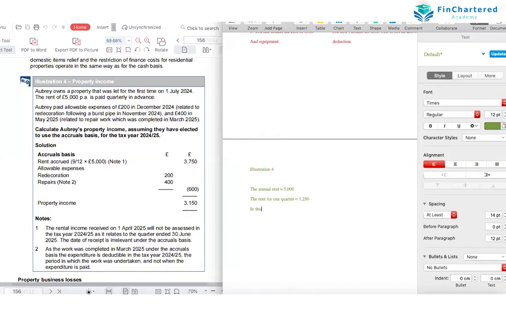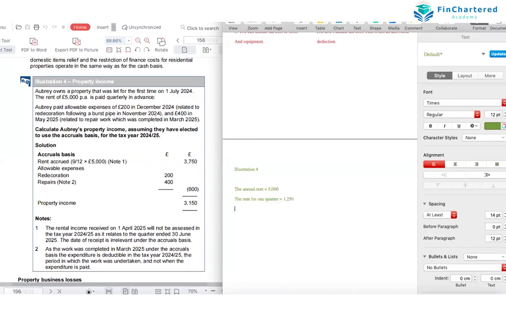In this case, although we pay cash this year, the last amount paid is relating to the next tax year. I'm sorry, I think I'm confusing this. Apologies. See, the annual rent is 5,000 and the rent for 1 quarter is 1,250. Yes, I've confused this a little bit.